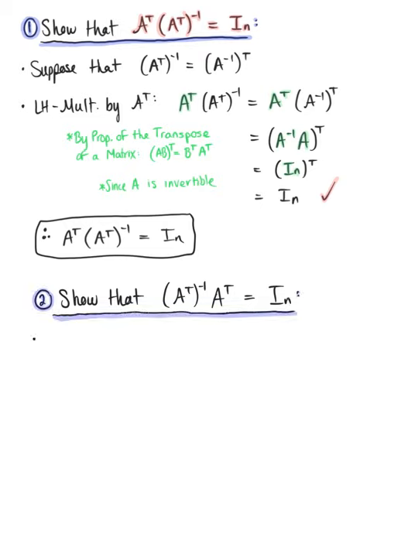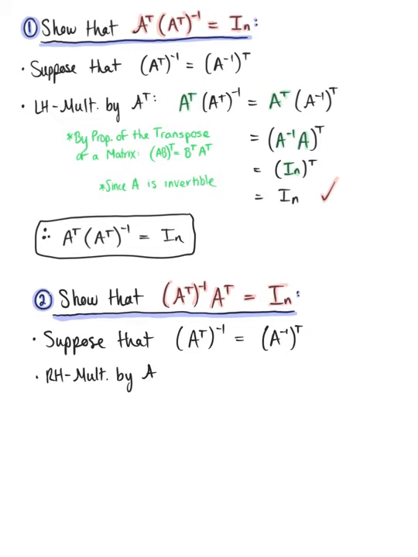So again, to start here, let's suppose that the inverse of the transpose of matrix A is equal to the transpose of the inverse of matrix A. And now again, keeping that desired result in mind, let's go ahead and right-hand multiply by the transpose of matrix A.